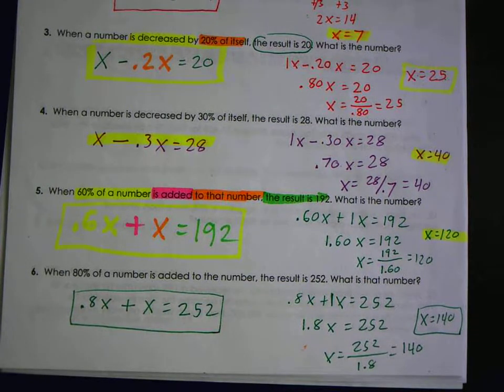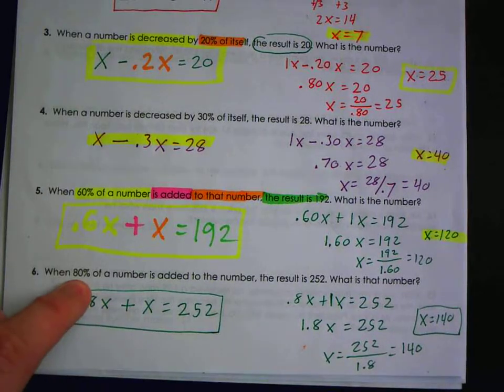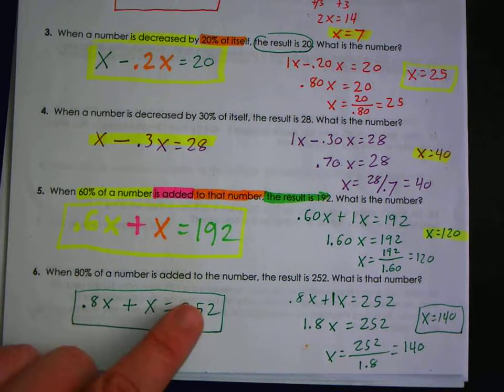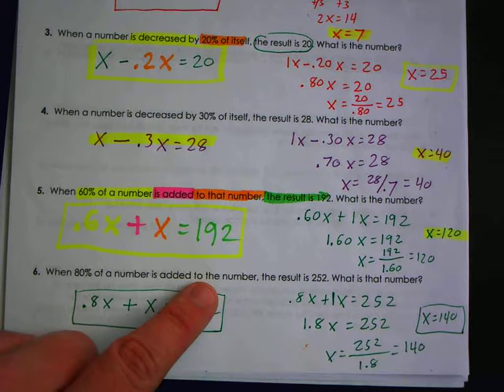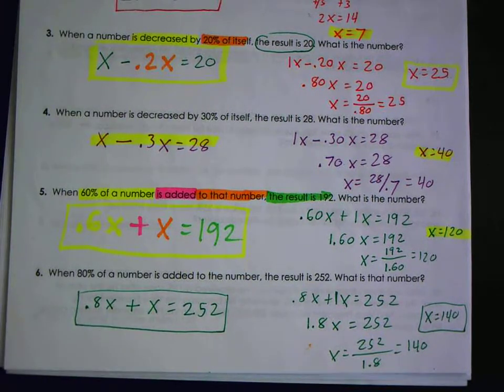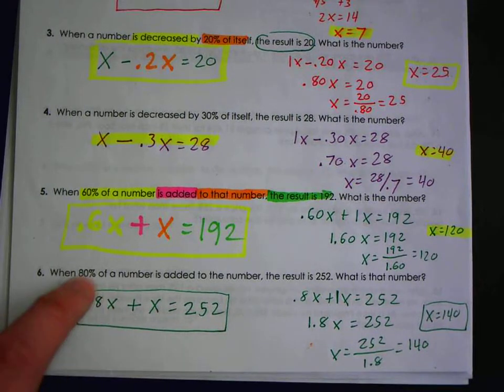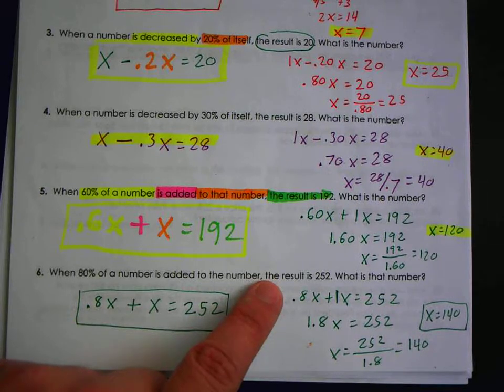Isn't it 112? Yes, 112. So when 112 is added to 140, you get 252. That's correct.